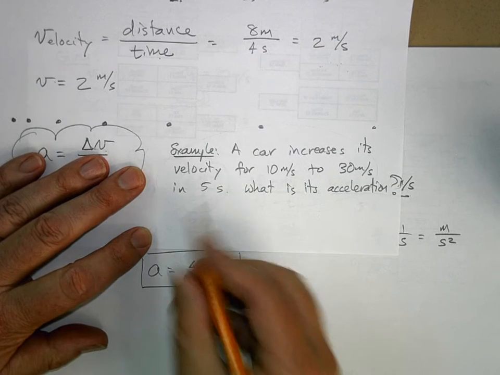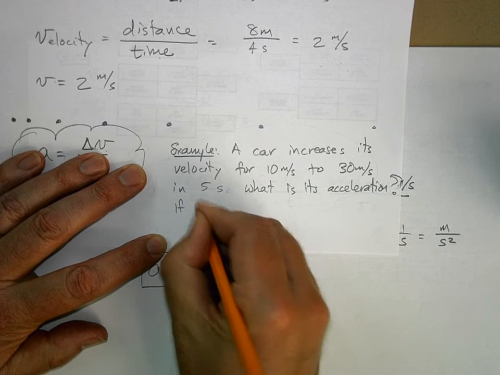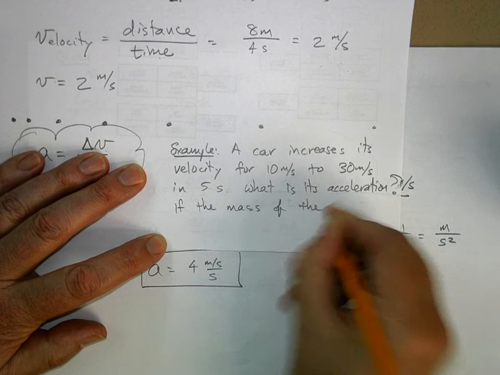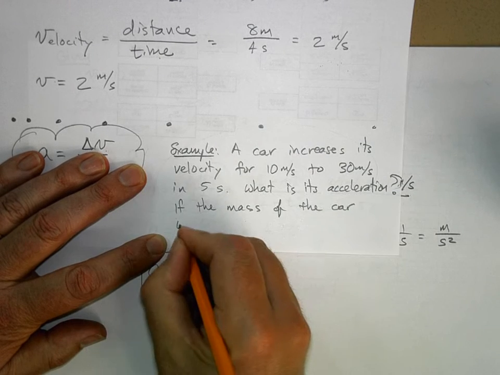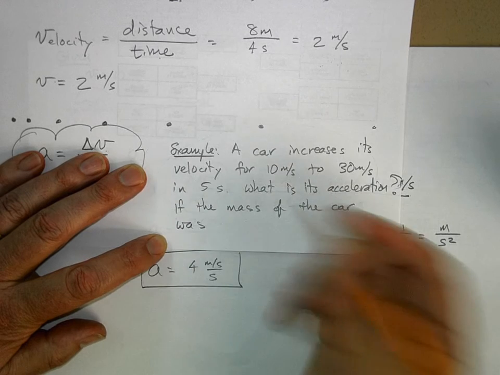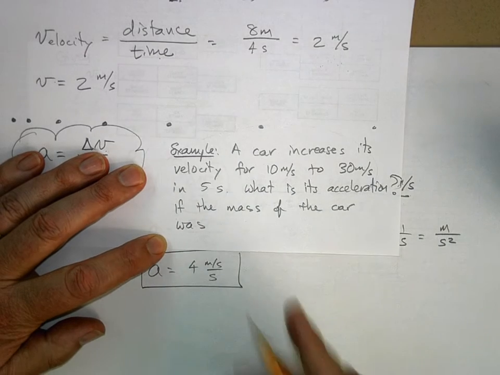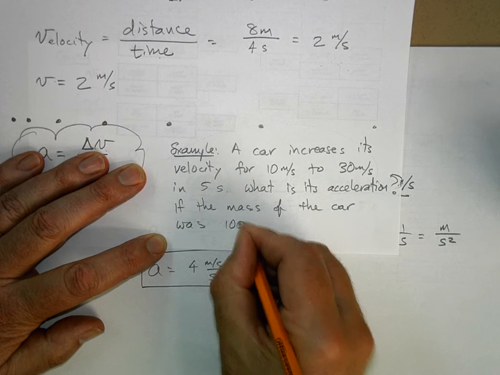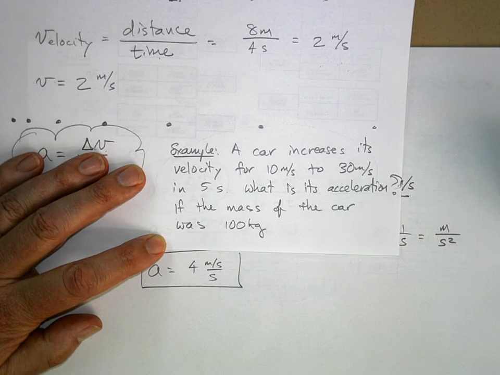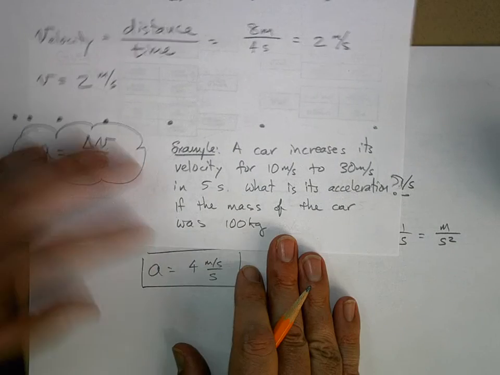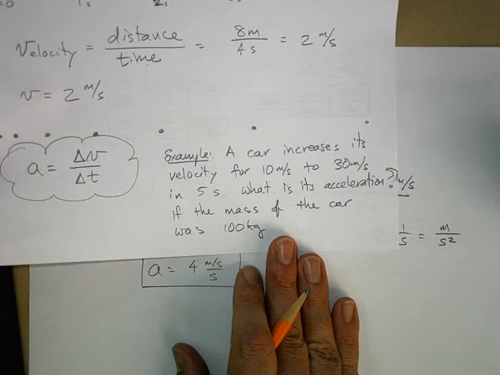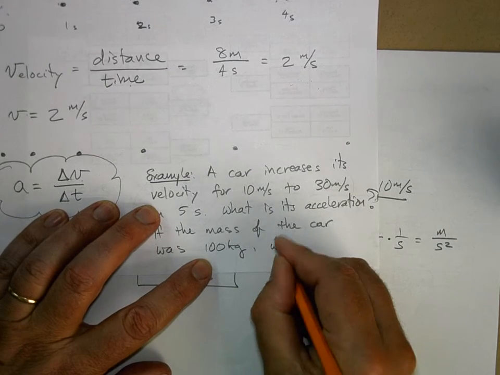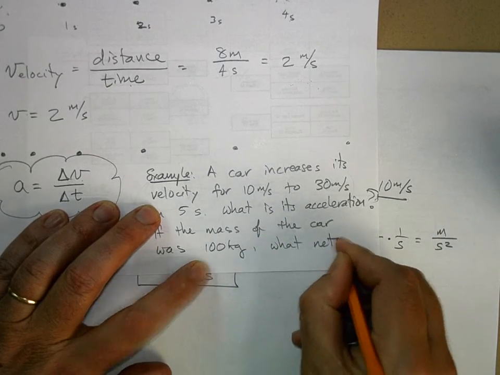So, if the mass of the car was, let's make it like a go-kart or something, 100 kilograms. That's a pretty light car. Like one of our robots. Our robots are about 60 kilograms. What net force was needed?